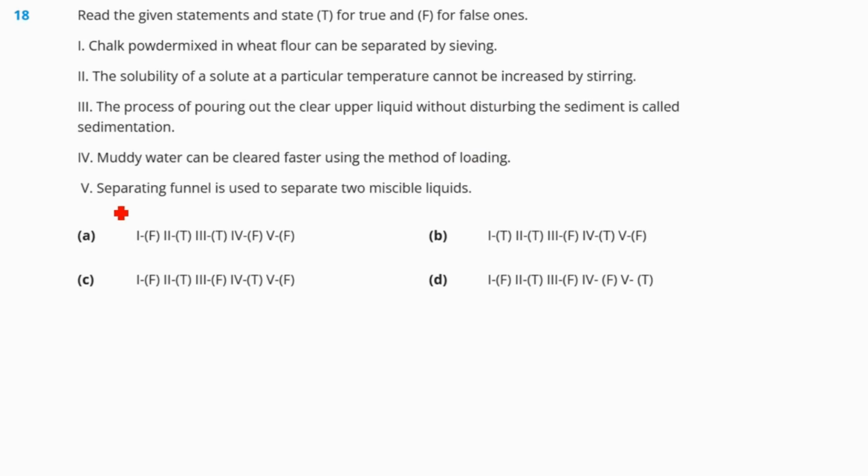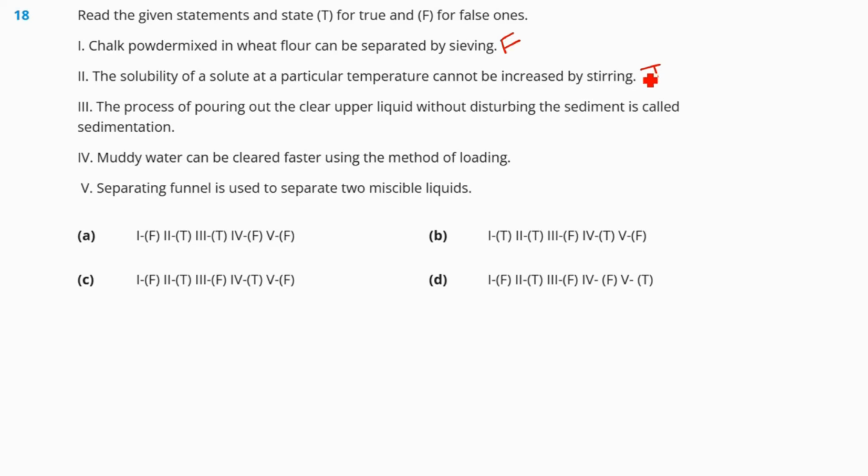Question 18. Read the given statements and state T for true and F for false. Chalk powder mixed in wheat flour can be separated by sieving. No, it can't be. The solubility of a solute at a particular temperature cannot be increased by stirring. This is true, because to increase it you have to increase the temperature.